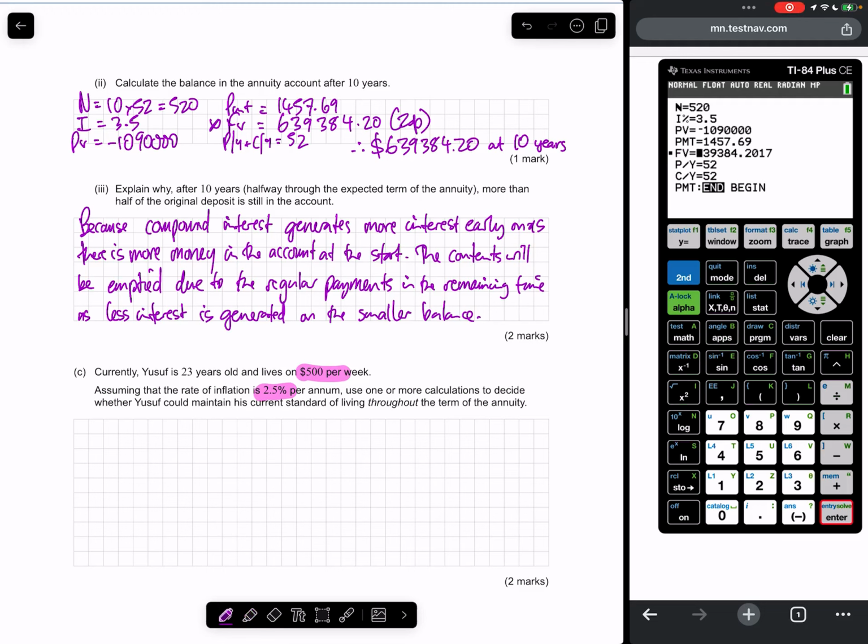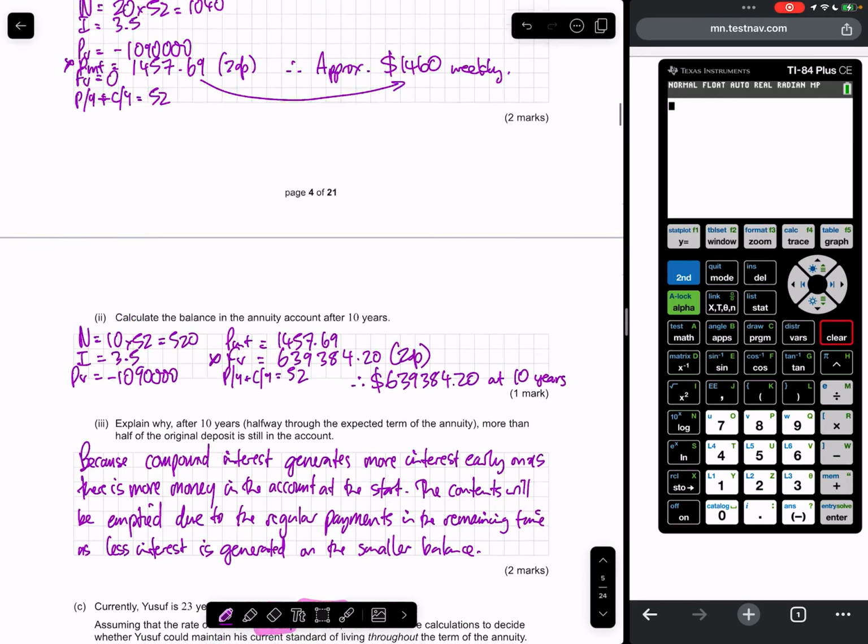Well, his standard of living is $500 per week, so indexed for inflation is the original amount, which was 500, times 1 plus the inflation rate of 2.5% as a decimal throughout the term of the annuity. He's currently 23 years old.